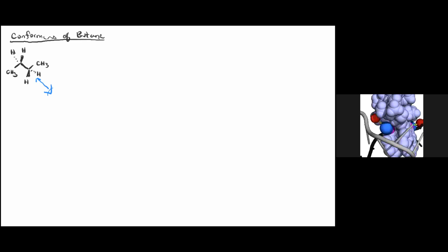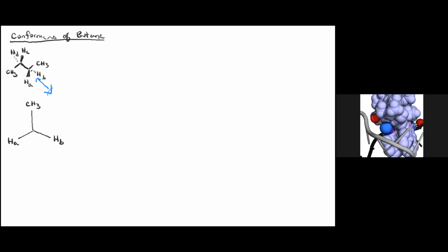And so when I do that, let's label atoms as we like to do, HA, HB, HC, HD. The methyl group is going to be pointing up. That's easy. HA is going to swing over to the left, and HB will wind up on the right.